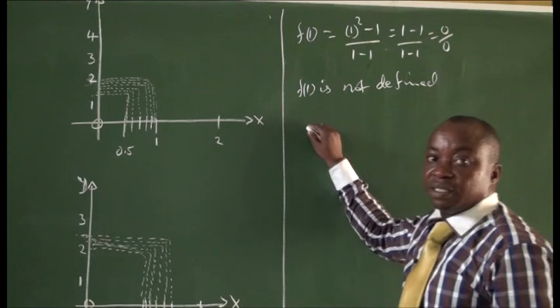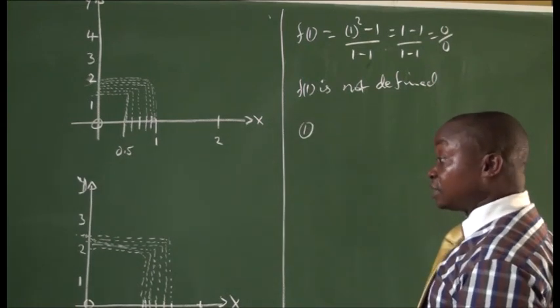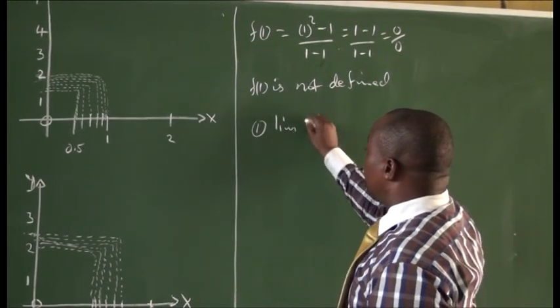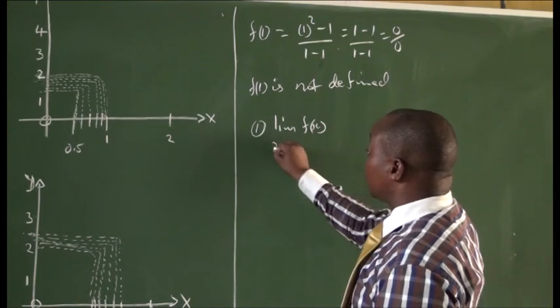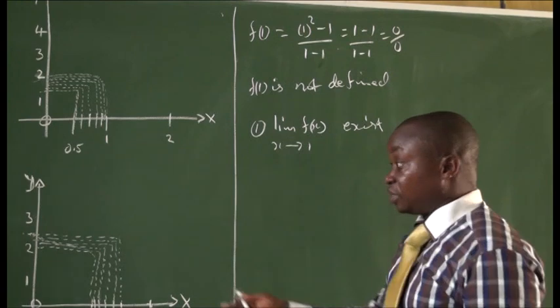So I now notice these properties. Property number 1 is that the limit of f of x as x approaches 1 exists, which is 2.